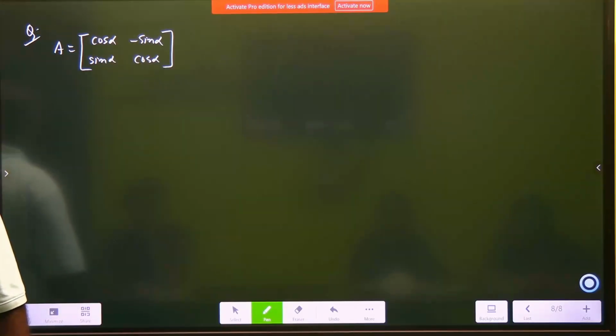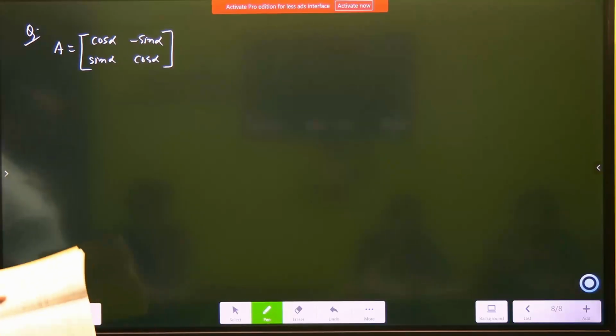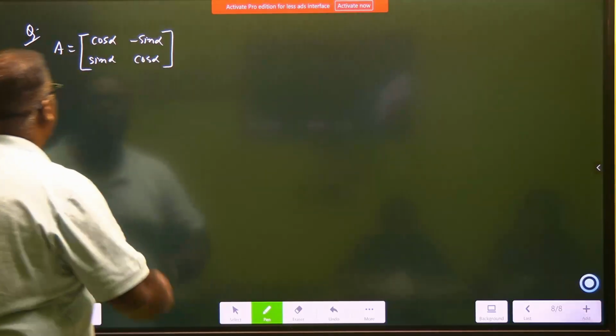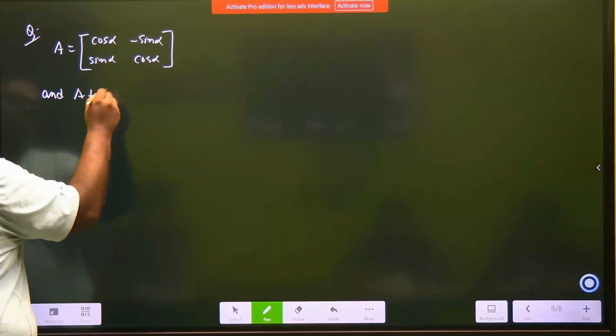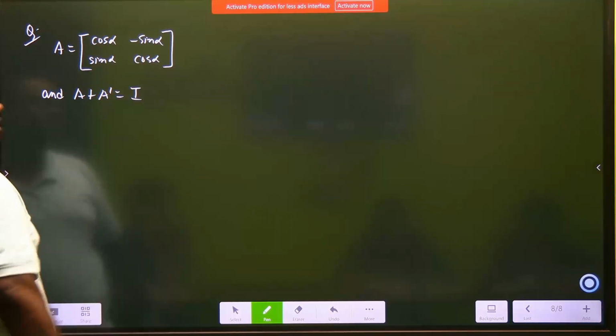Are the entries real? Sine of a function is always from minus 1 to 1 and everything is real. Cos is also minus 1 to 1. They are real. And further they have given you A plus A complement is equal to an identity matrix.